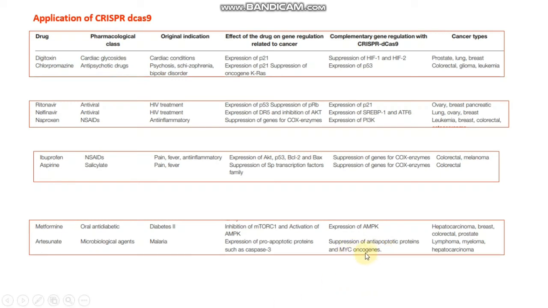We know that the MYC oncogene is very widely known for initiation of cancer. So when CRISPR-Cas9 is used with these drugs, the MYC oncogene is suppressed.